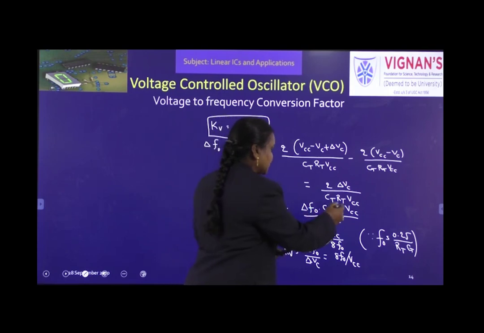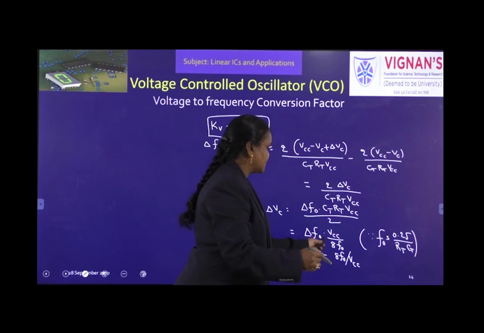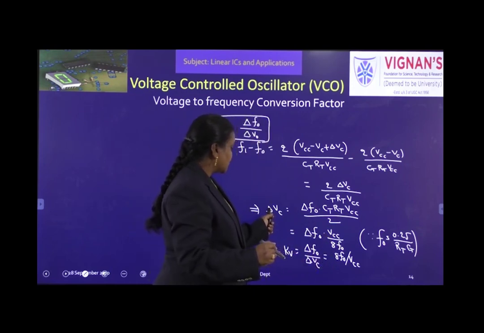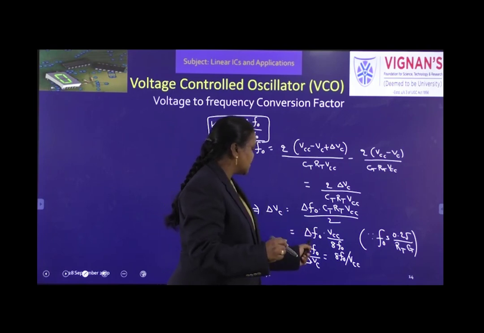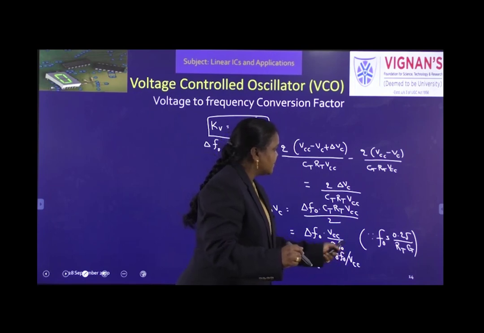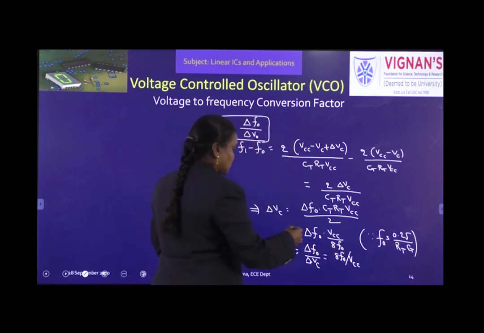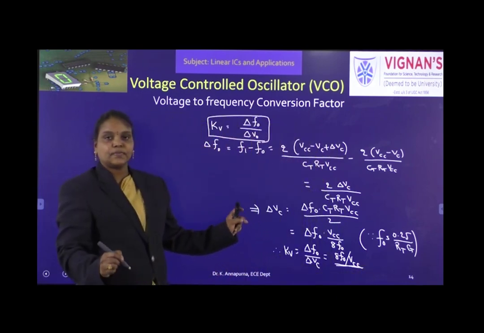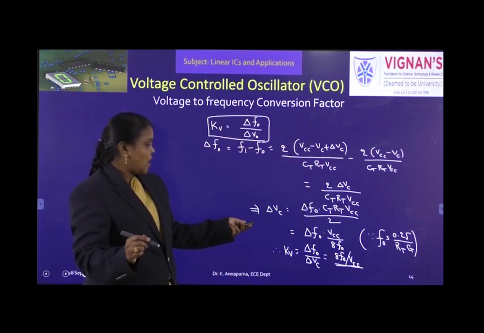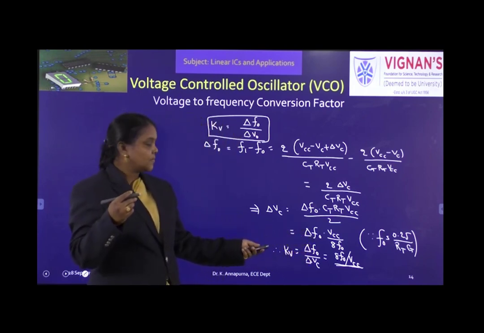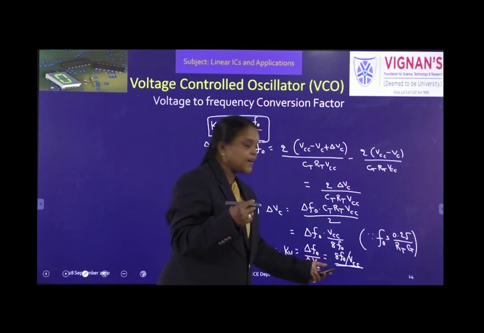And already what is this? We have seen it is Vcc by 8 f naught. So delta f naught by delta Vc means it is kV, that is equal to 8 f naught by Vcc. So this is the sensitivity factor of the VCO, how fast it is changing with respect to the control voltage.